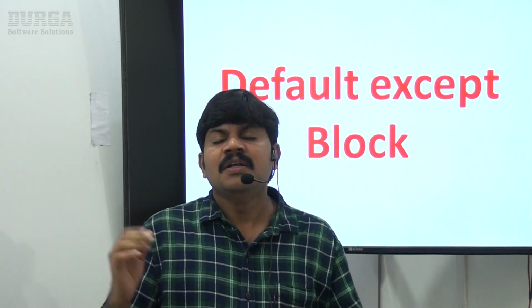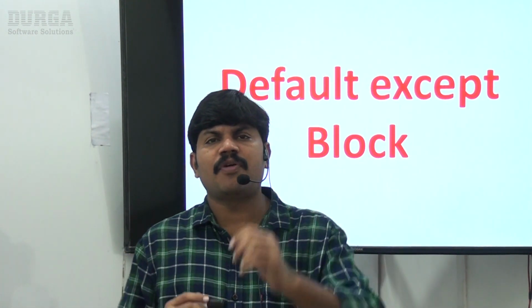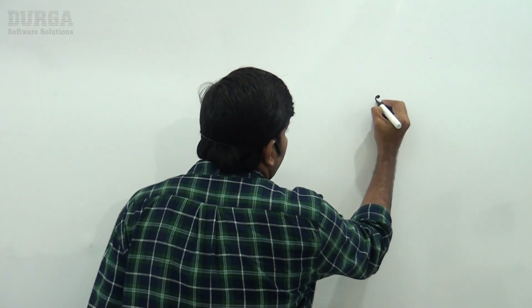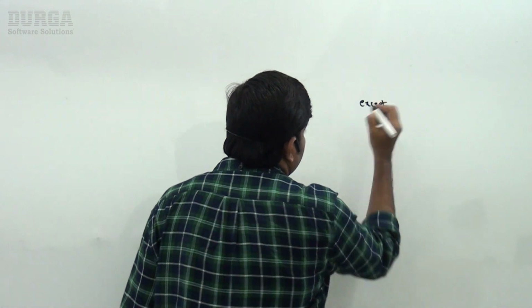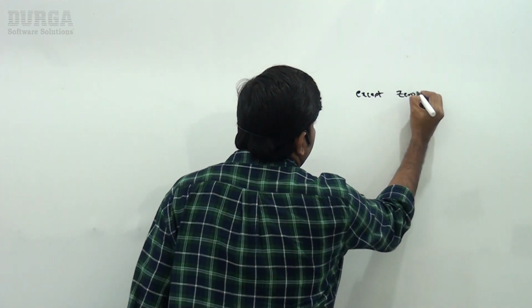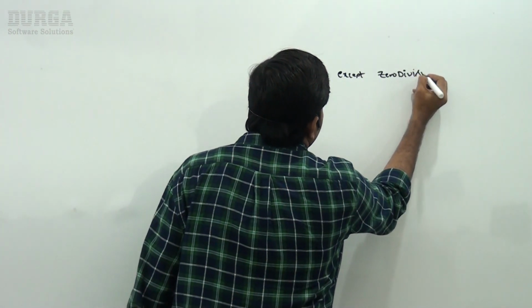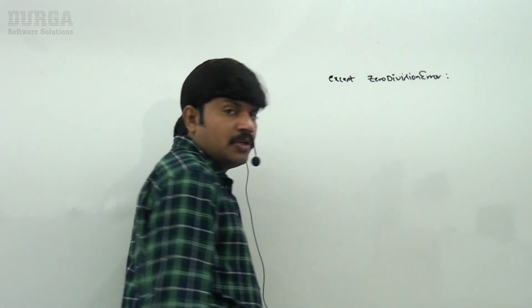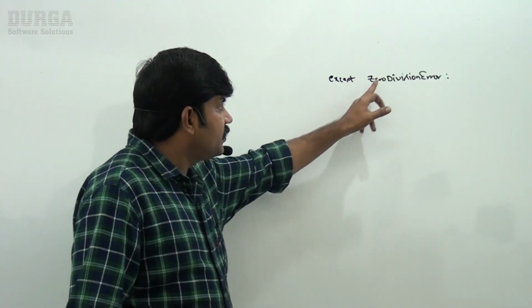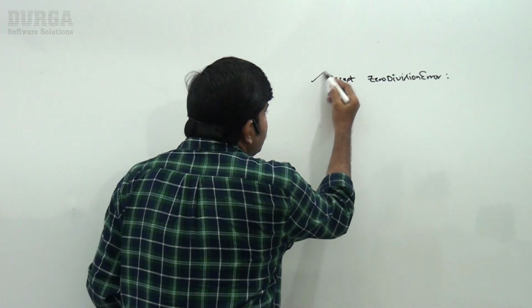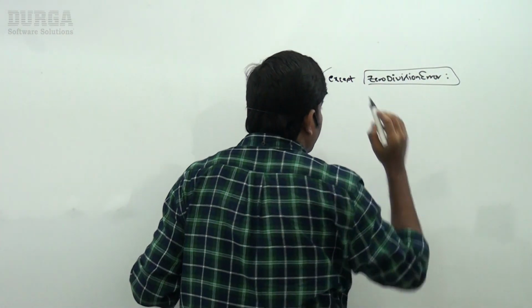What is the syntax for the default except block? Observe carefully. If I take except ZeroDivisionError, this except block is meant for ZeroDivisionError.